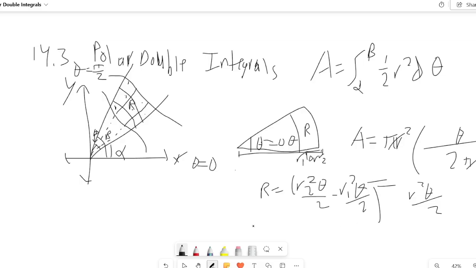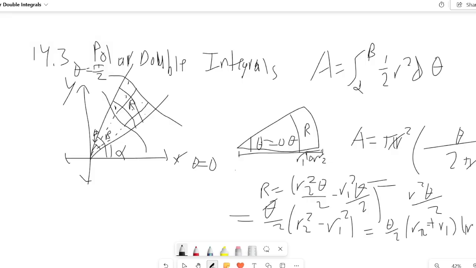And we know difference of squares, so let's simplify this and take out the theta over 2. And here we get r sub 2 squared minus r sub 1 squared. And we can put this in factor form: r2 plus r1 and r2 minus r1.